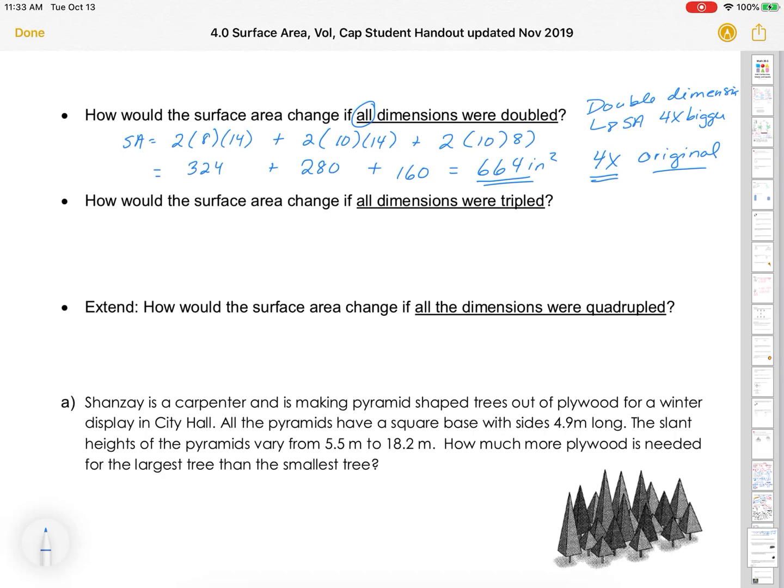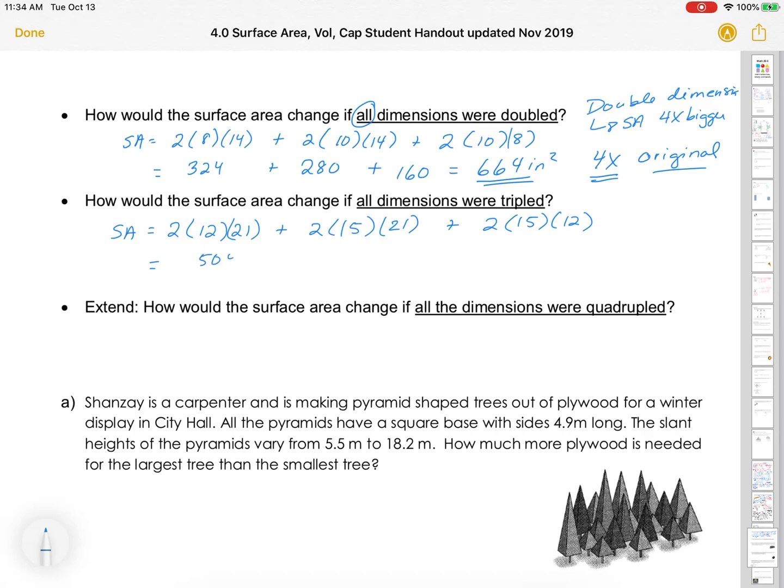Well, that's an exploration, right? So if we substitute that in, surface area equals 2 times, instead of 8, we'll have 12, instead of 14, we'll have 21, plus 2 times, instead of 10, we'll have 15, because we're tripling the original, which was 5, times 21. And then 2 times 15 times 12.